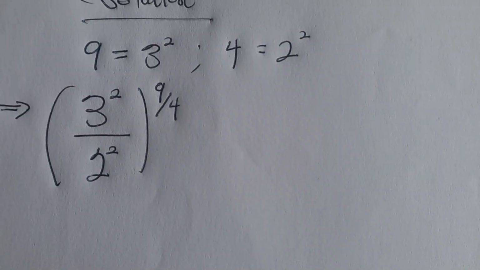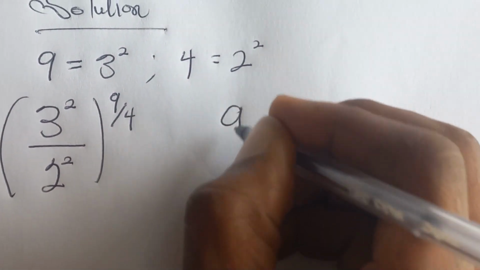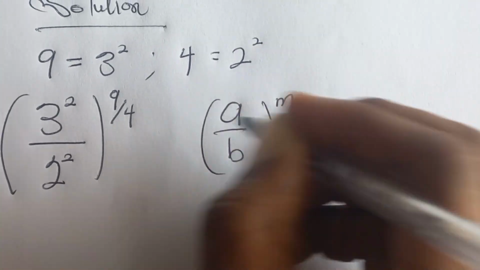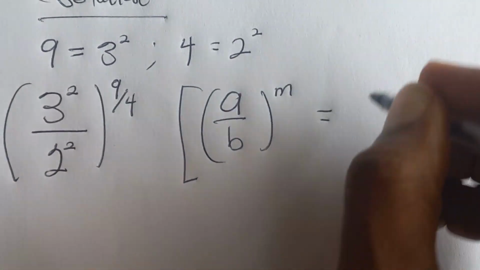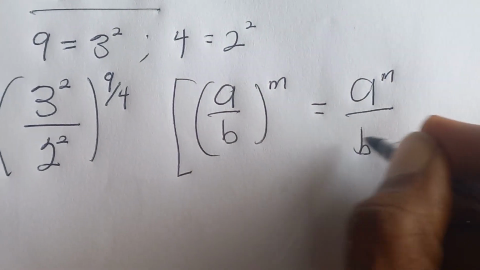Okay, and now when you have (a over b) exponent m, it is equal to a exponent m over b exponent m.